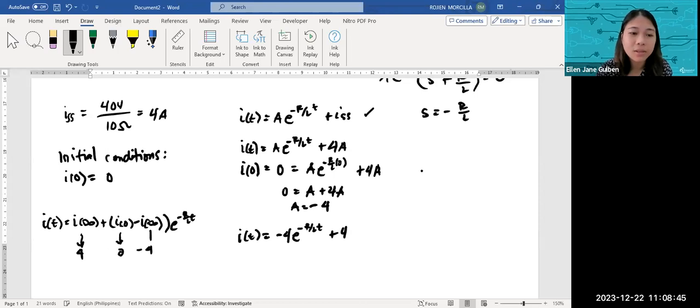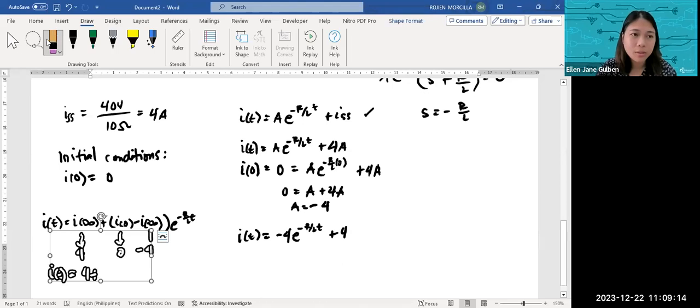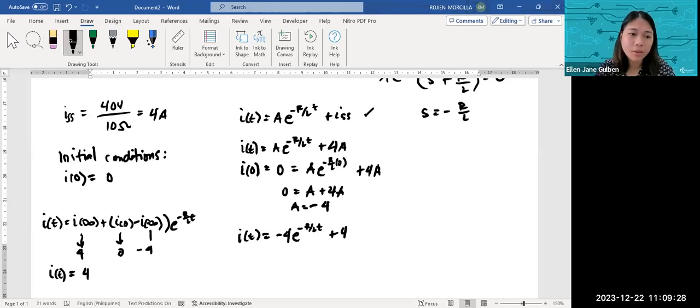So we will achieve the same equation: 4 minus 4 e to the negative R over L t.